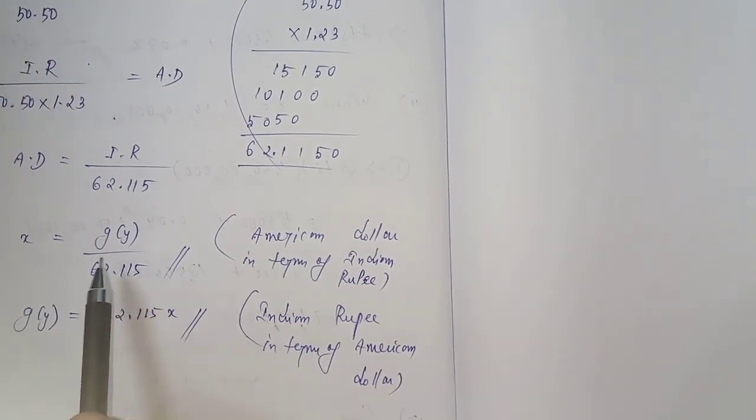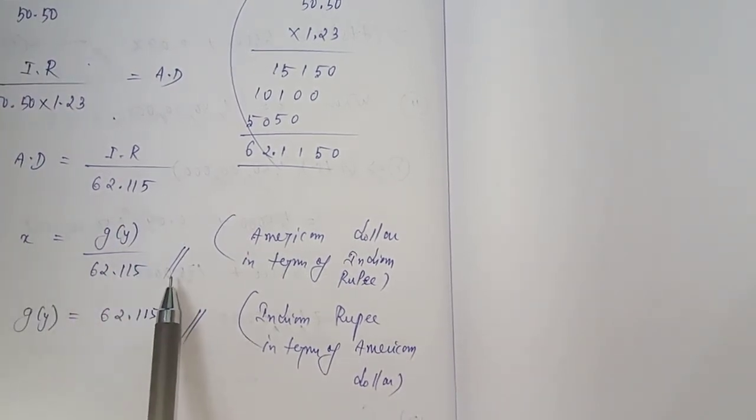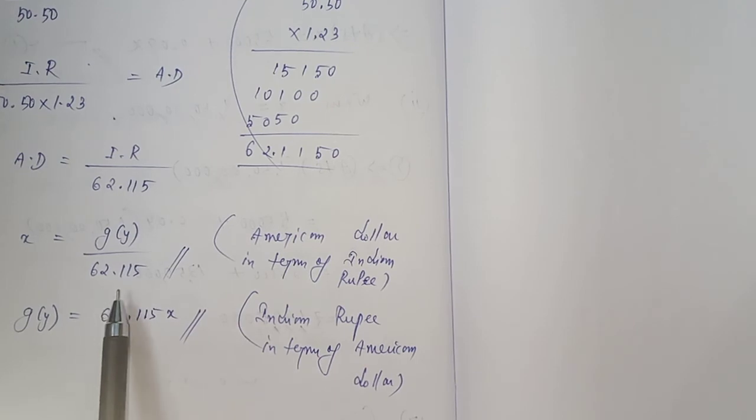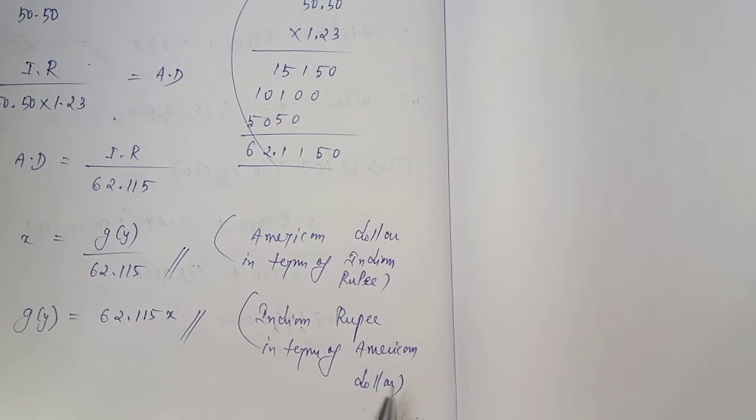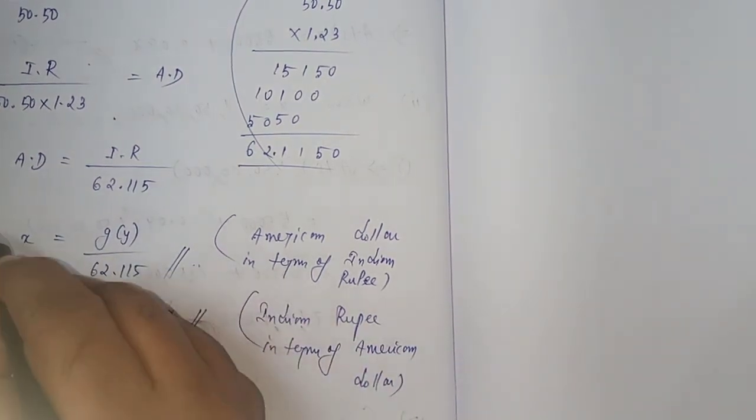For this problem, this is the correct answer: American dollar in terms of Indian rupee. If you are asked to find out Indian rupee in terms of American dollar, this will be the answer. So for this problem, note down this answer.